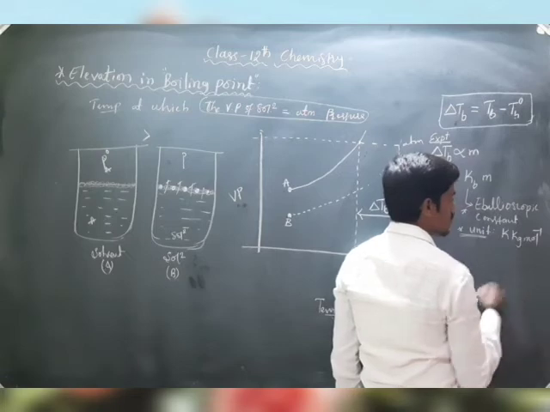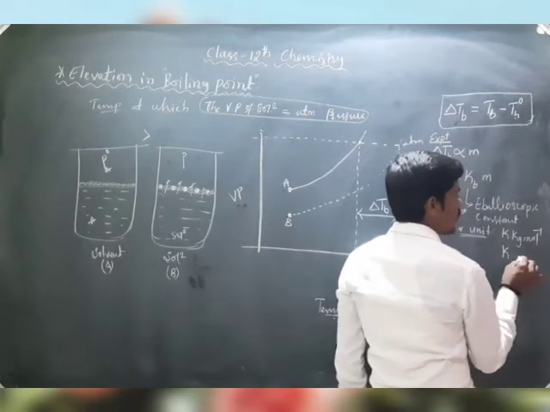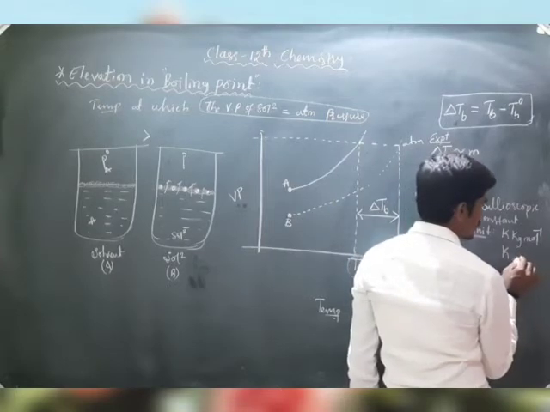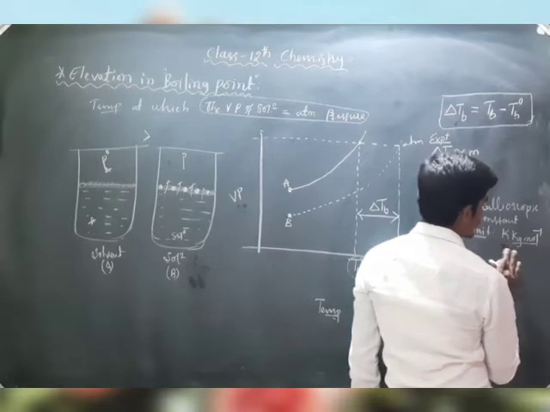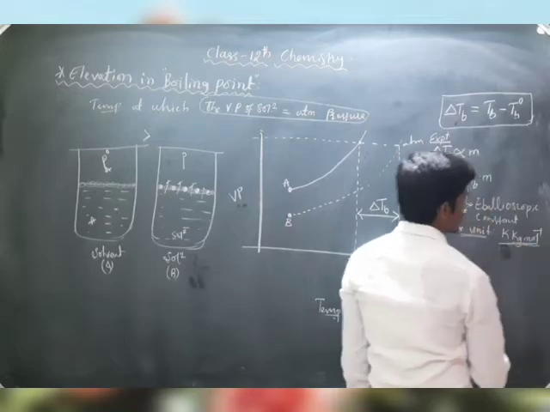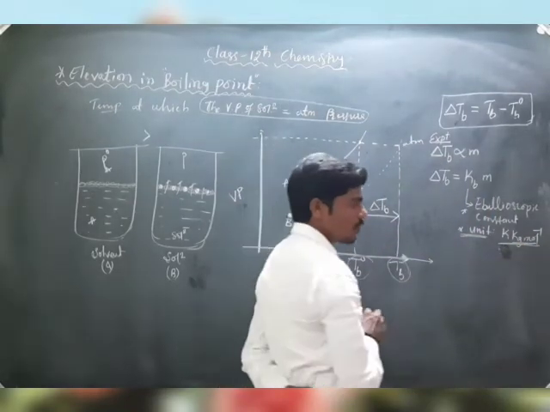Or simply we can write Kelvin kg per mole, or degree Celsius kg per mole. Since delta T is in degree Celsius or Kelvin, we can write Kelvin kg per mole in SI, or degree Celsius kg per mole.